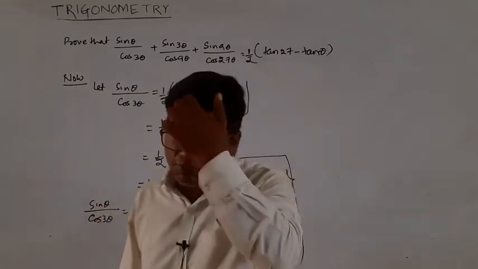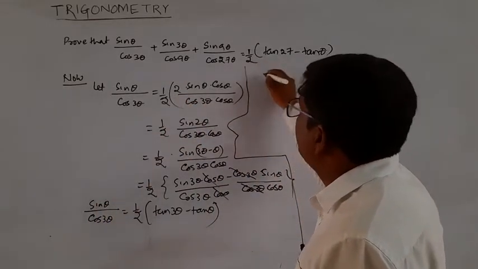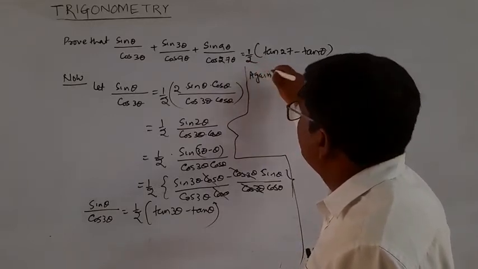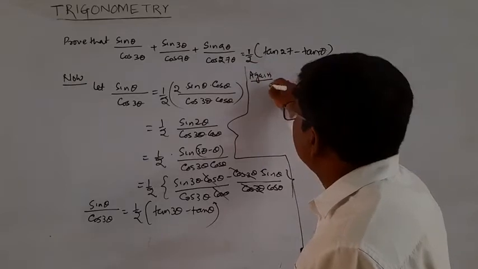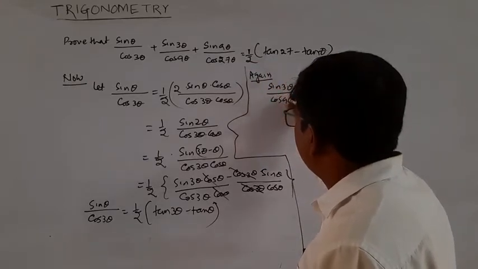For the second term, what do we get? For the second term, it is sin 3 theta by cos 9 theta.